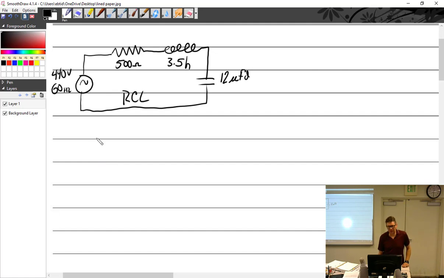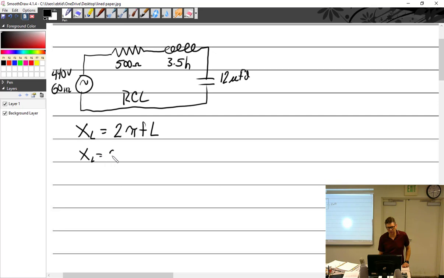So the first thing I want to do is solve for X of L. And X of L is 2 pi frequency inductance, 2 pi FL. Are we with me so far? Yes. All right, so we're just going to plug in the numbers.